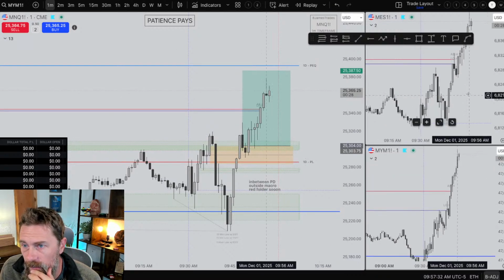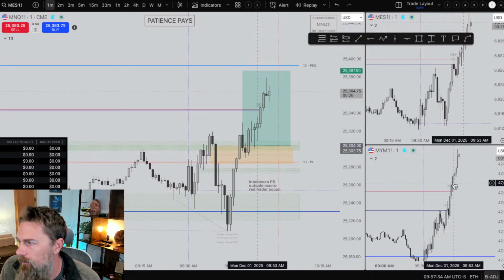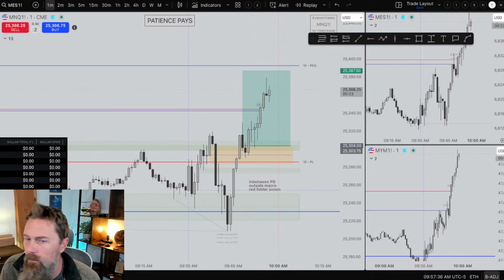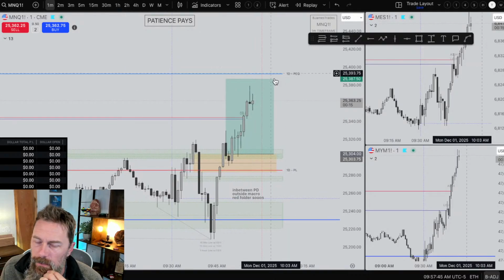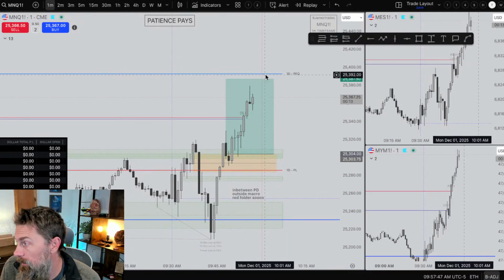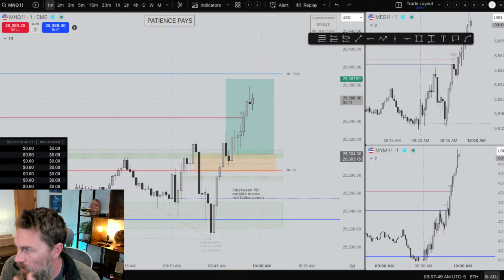YM is still running. ES is running with some strength. NQ is coming up into the previous day equilibrium in that 1 hour fair value gap. This is a zone I could be interested in a short, maybe. Kind of looking a little more bullish now.